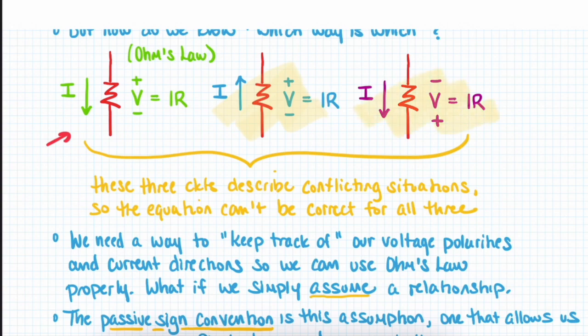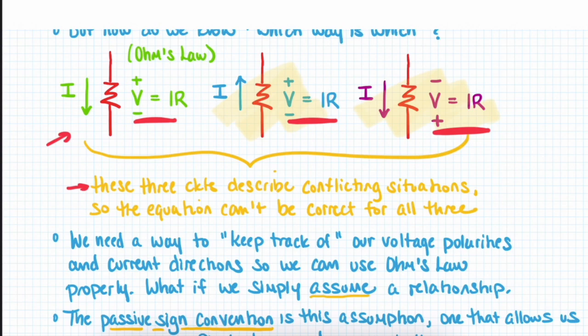And then we have the third case where the current is flowing down and the voltage polarity is top minus, bottom plus. So these 3 circuits describe conflicting situations. So the equation V equals IR cannot be correct in all 3 cases.